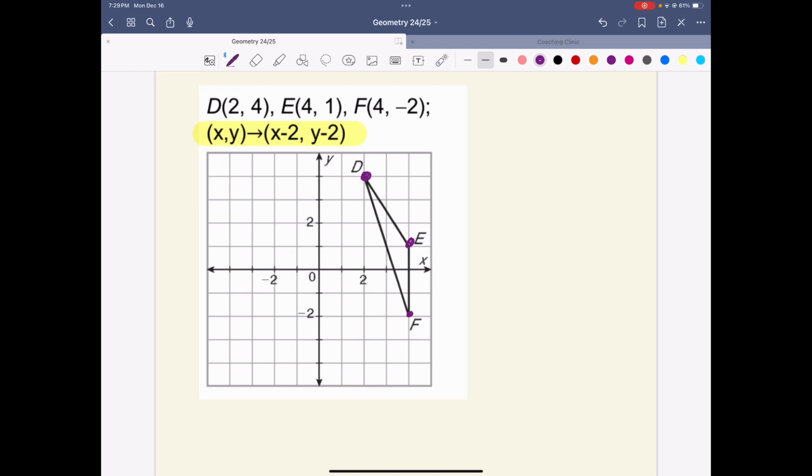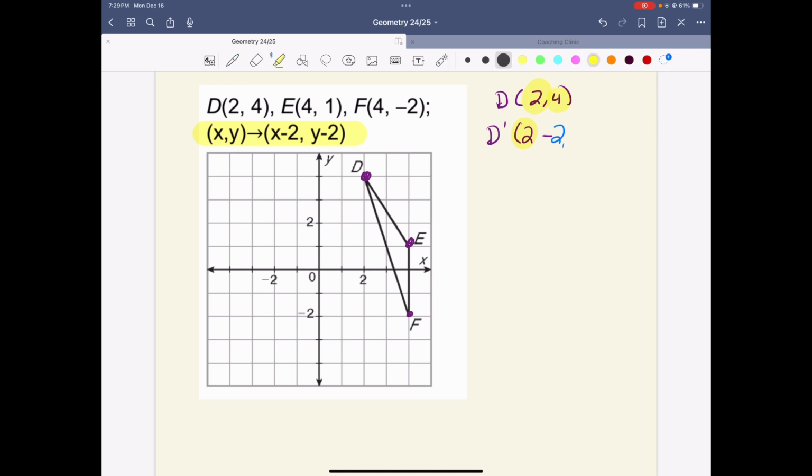So the way we do that is, if D is at 2, 4, my new image is going to be my original x value 2, minus what they tell me we're translating it. We're subtracting 2.